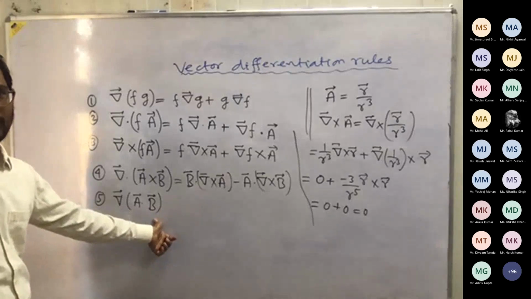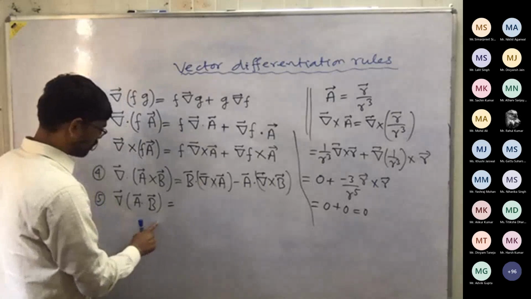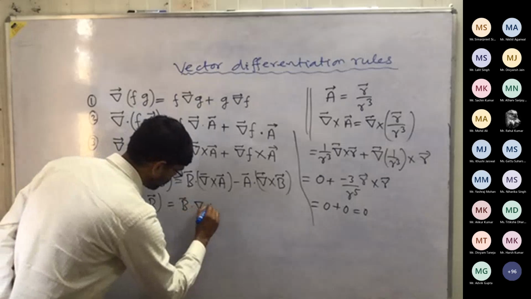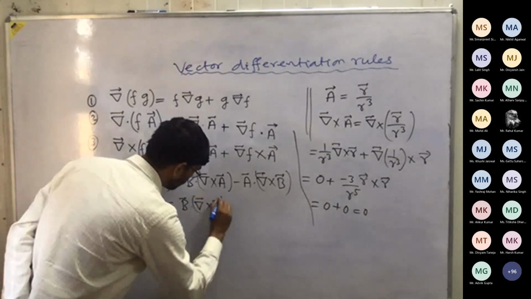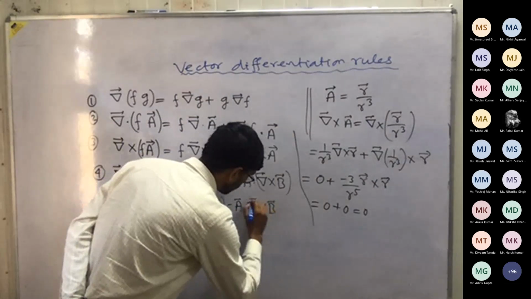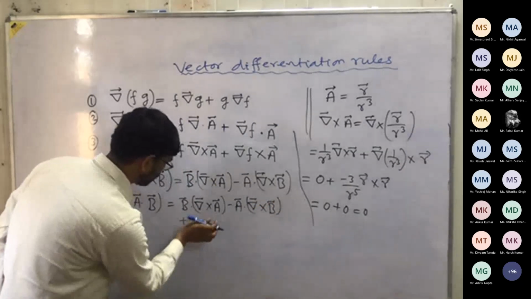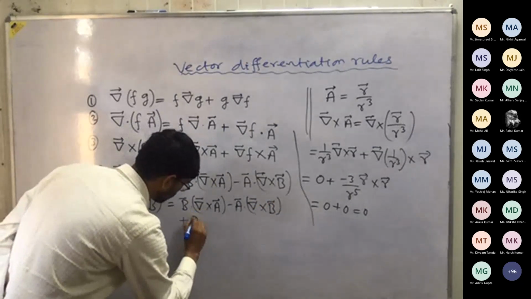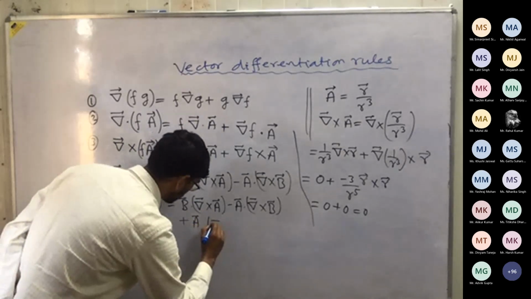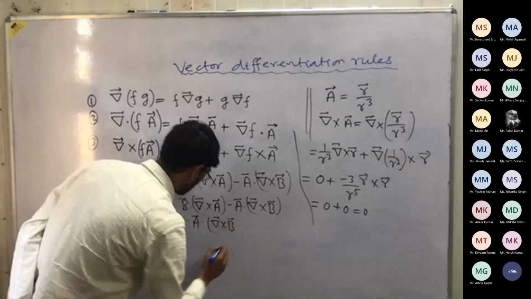So this is equal to B dot cross A minus A dot... Okay, wait.